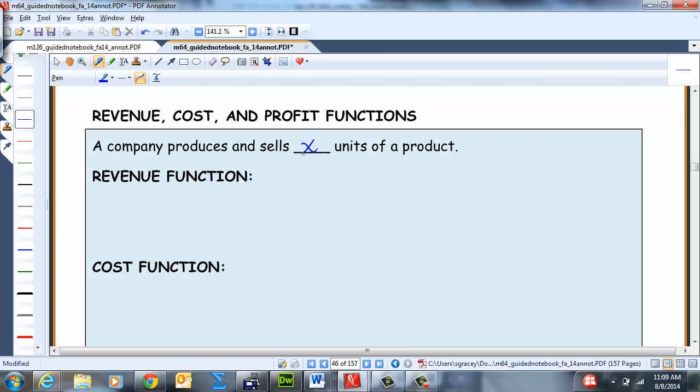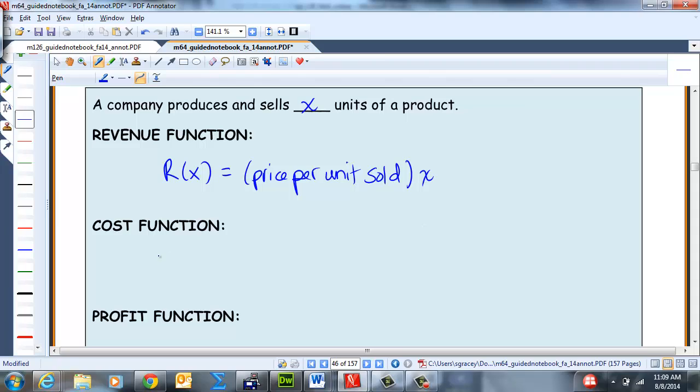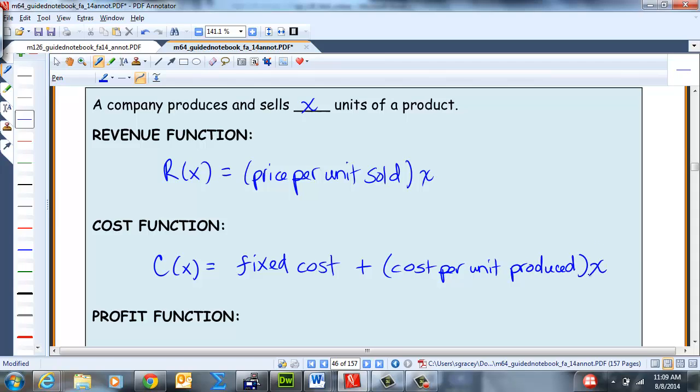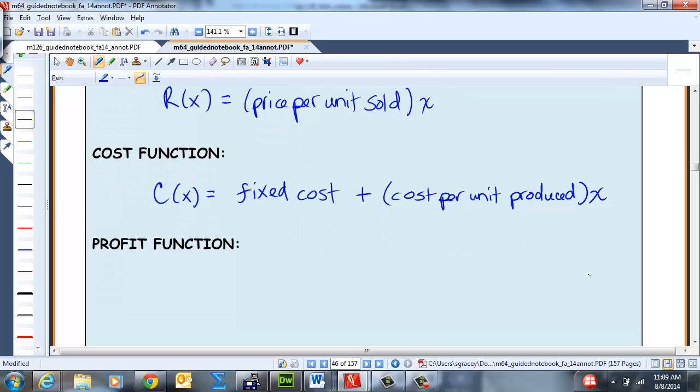So the revenue function is R at X equal to the price per unit sold times X. The cost function is the fixed cost plus the cost per unit produced times X. Now the profit function would be all the money you take in minus the money it costs to make that number of units.